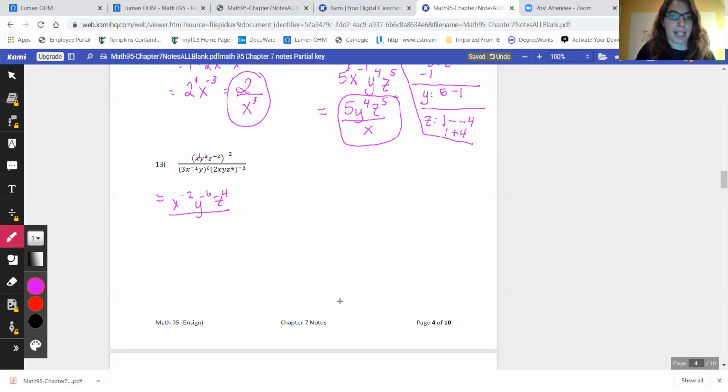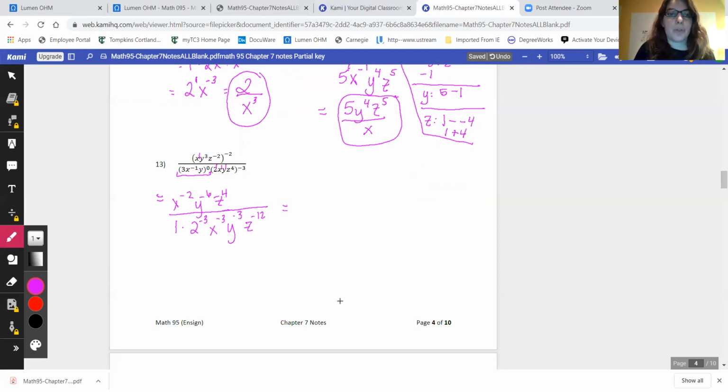Then on the bottom, again, this whole thing is 1. Then I'm going to multiply all of these exponents by -3. It's not 2 times -3, it's 2 to the 1 times -3. It's the exponents that get multiplied. So 2, x, and y all had a 1, so they're going to be -3, z to the -12th.